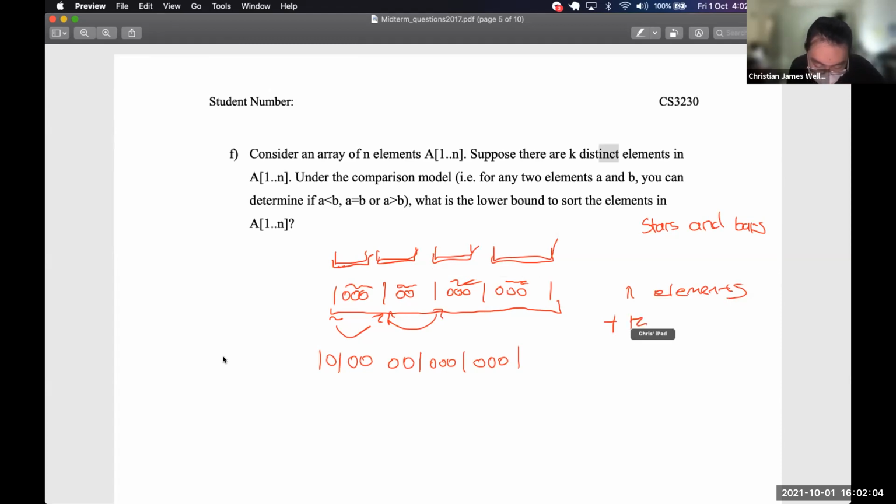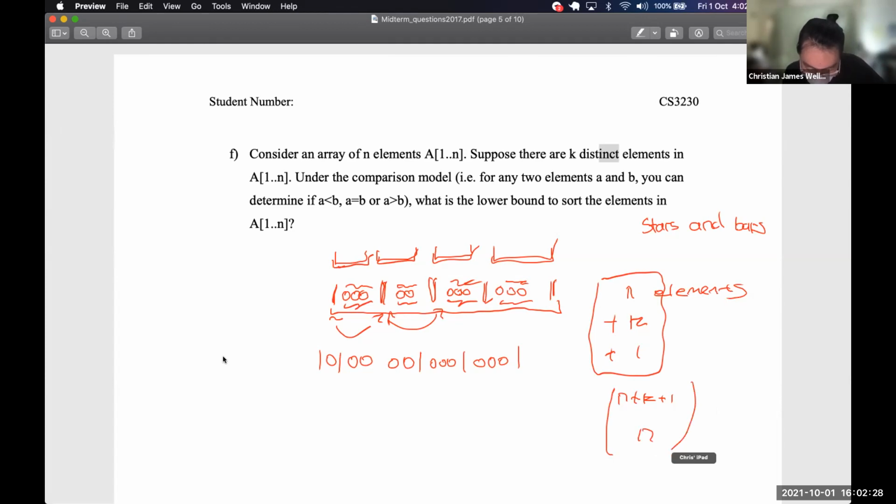Because we are partitioning, we add one more bar into it, plus 1. So we have n plus k plus 1 things, and we choose n positions, choose where to put these n things. So I suspect the combination will be something like n plus k plus 1 choose n.